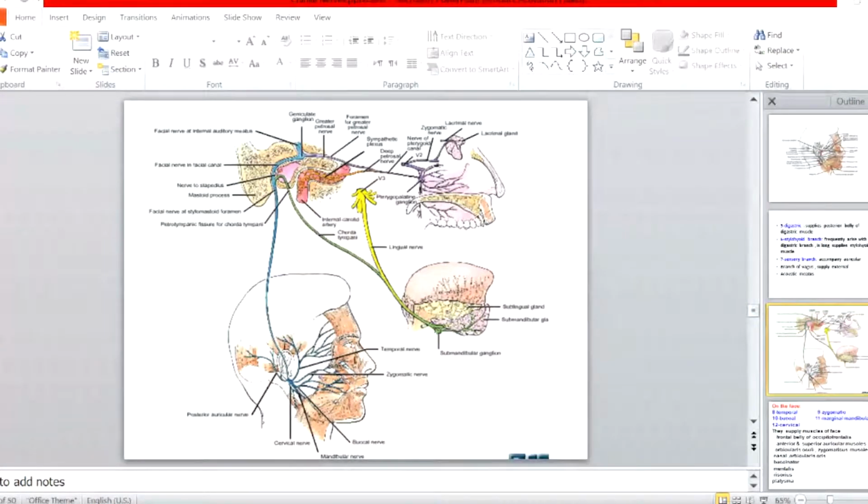So this is the greater petrosal nerve, which takes part of the preganglionic parasympathetic fibers, not all of them.